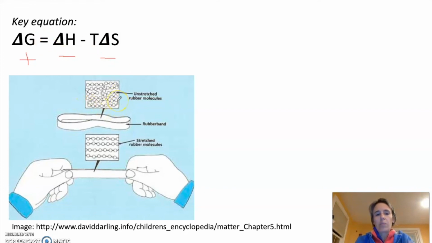Rubber molecules are big, long, complicated polymers, and they are very windy. And so when I stretch out those rubber molecules, when they're not stretched, they're all kind of wrapped around each other, and there's all sorts of permutations, all sorts of ways that they could be oriented. But when I stretch it out, they kind of line up.